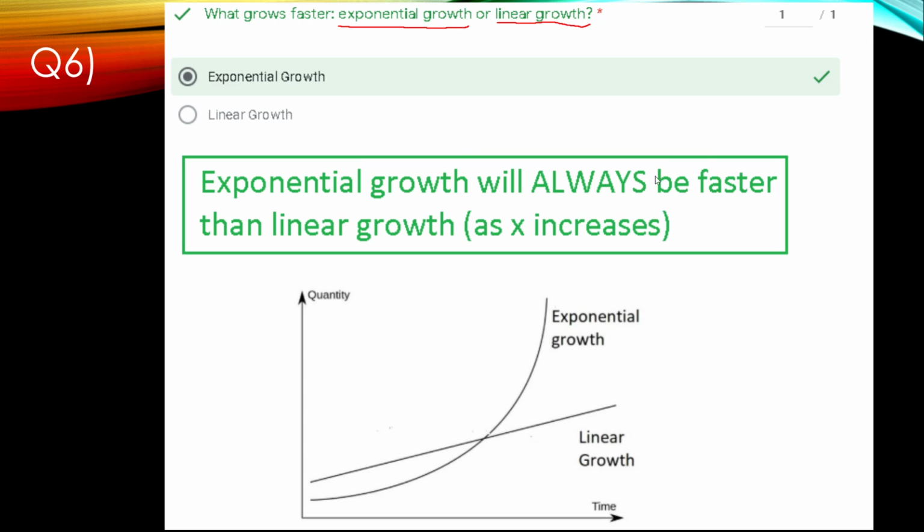And if you let x get big enough, exponential growth will always pass linear growth. Because the slope is always the same for a linear graph, but for an exponential graph, especially exponential growth, the slope is always getting bigger. It's always changing much, much faster.